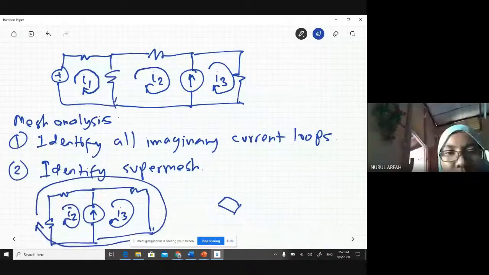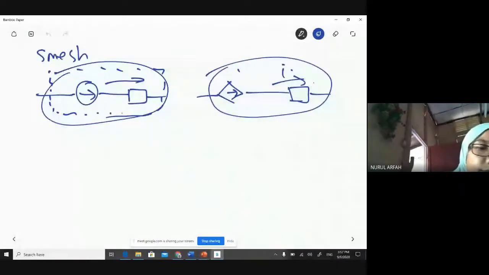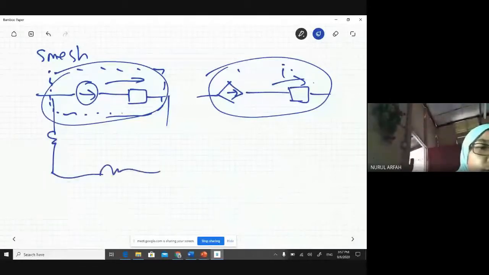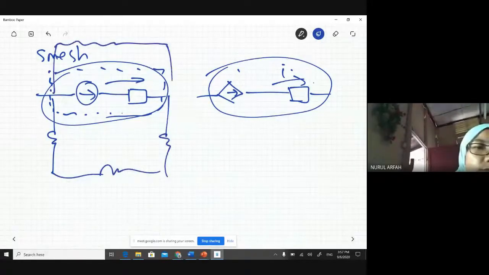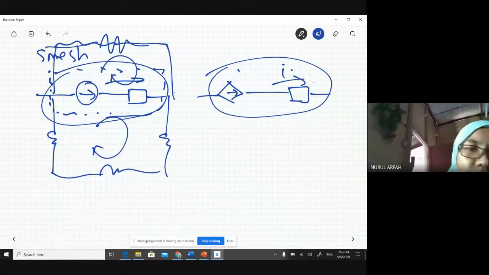So for our previous case, I made some mistake here. You need to put a closed loop, a closed loop, something like this. So you have two closed loops like this.